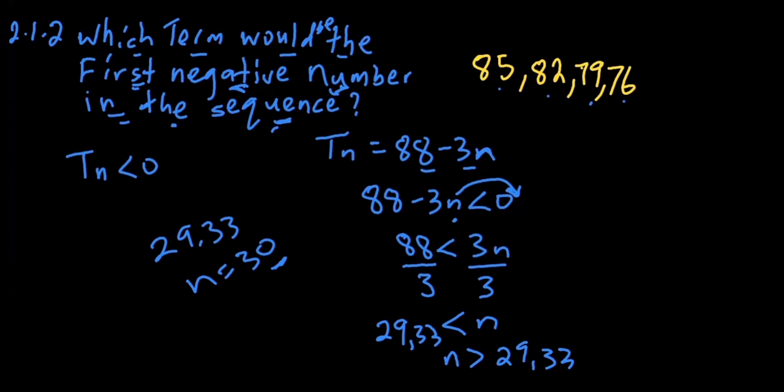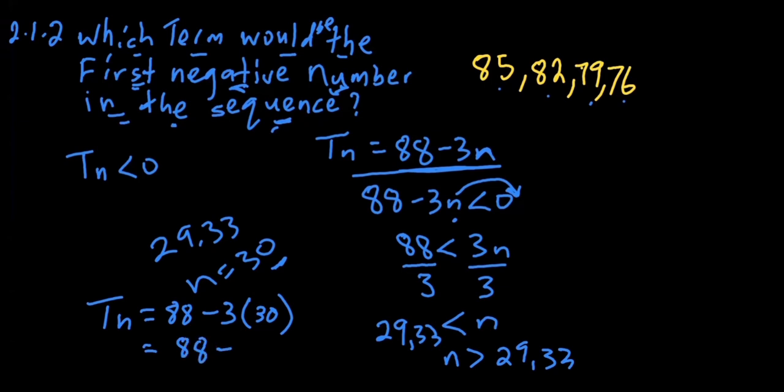Let's use this expression: Tn is equal to 88 minus 3 times 30, which is 88 minus 90, equal to negative 2.